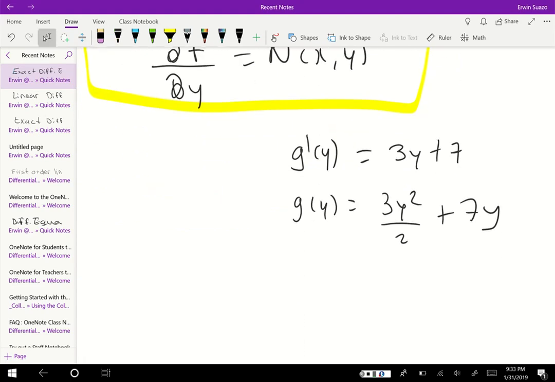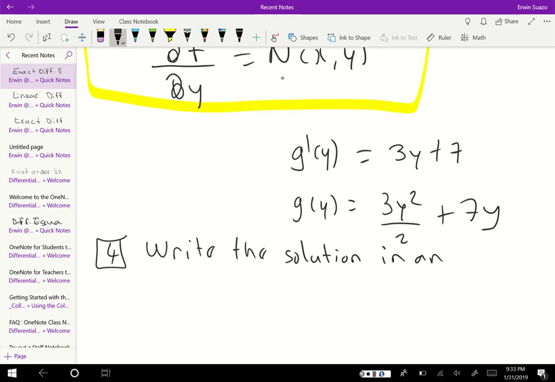therefore my last step is to write the solution in an implicit form.